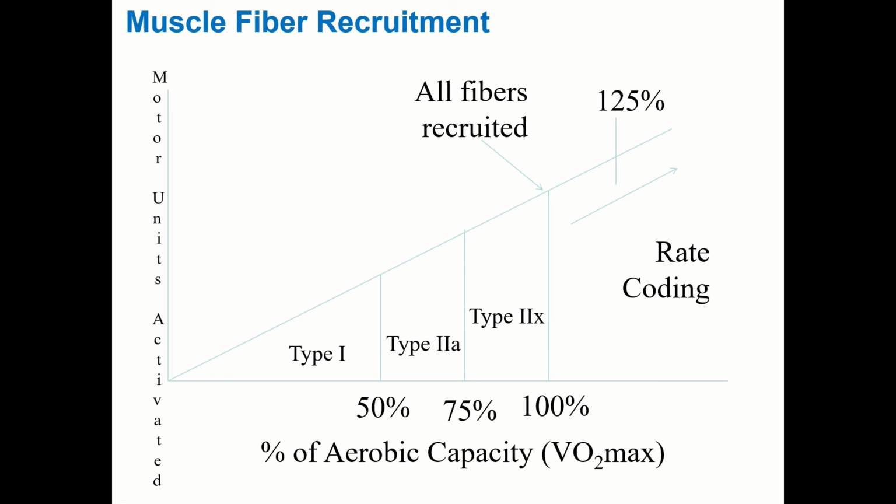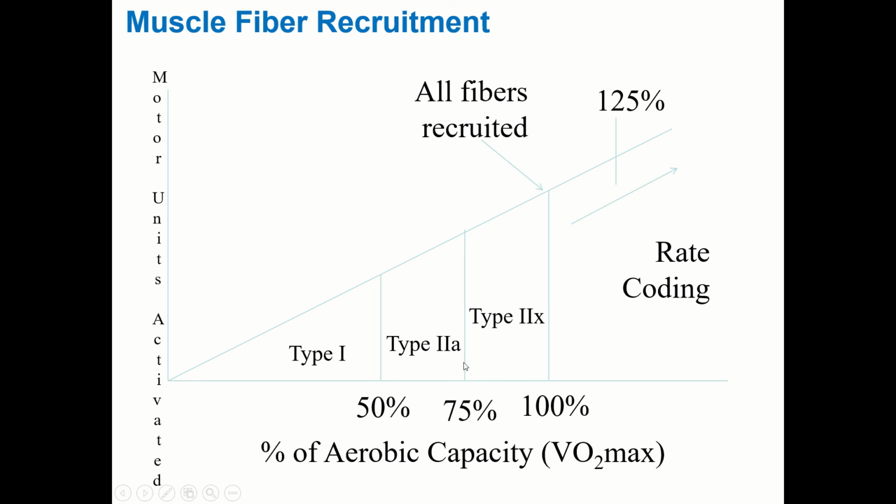So those type 1 fibers are going to adapt to that training. They're going to add more actin, more myosin. They're going to get bigger. But if I don't train with heavier weight than that, if I always train at 12s and 15s, well, then I never engage these type 2A fibers, right? And so they're never going to grow. So in order to engage these fibers, I have to lift somewhere between 6 and 8 reps.